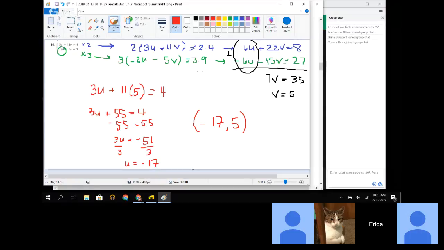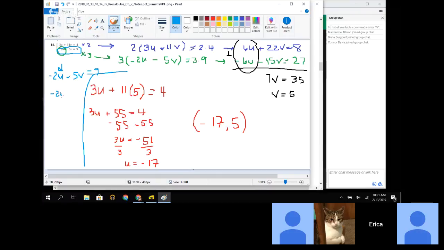Greta, because you were sick on Monday, I'm not going to do the whole thing, but what you would do, remember, this is elimination, what we just did, right? Substitution means that you're going to solve one of these for one variable. So if I have negative 2u minus 5v equals 9, none of these are great to solve for. Maybe let's solve for u, right?